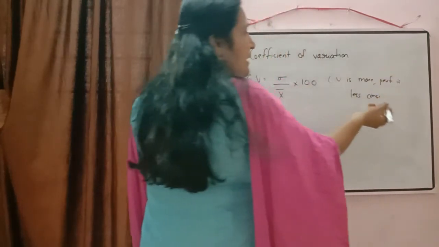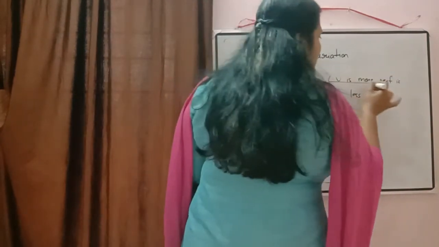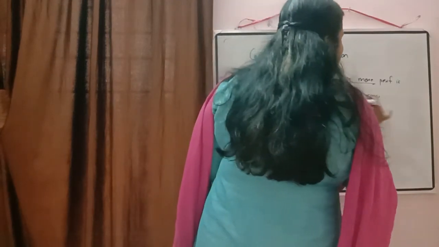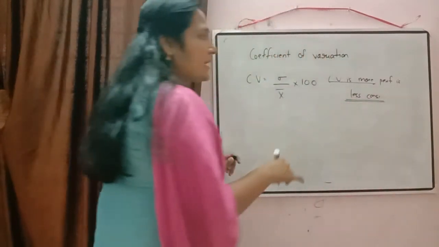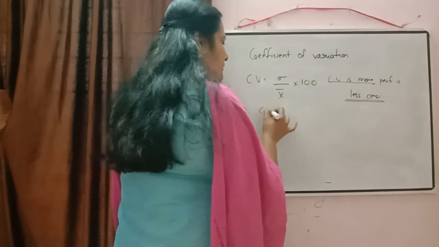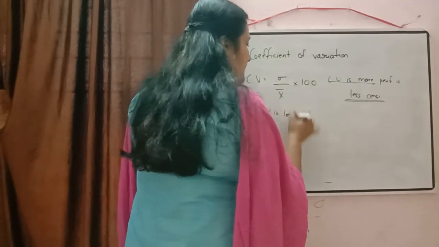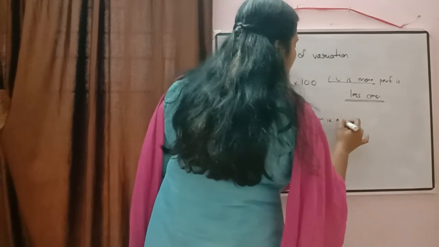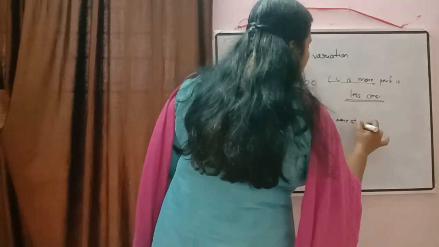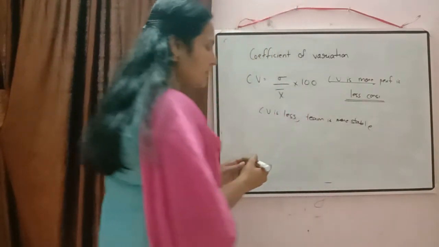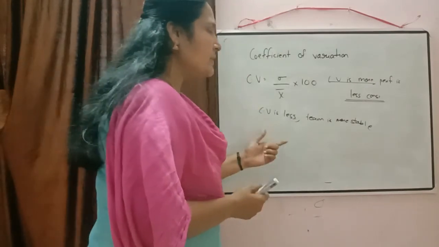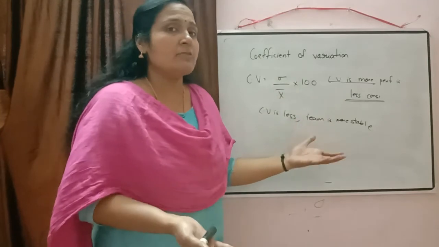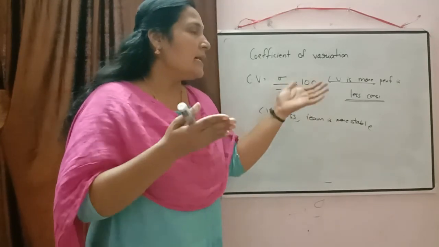Performance varies. So if the coefficient of variation is more, the team's performance is less stable or less consistent. If the coefficient of variation is less, then we can say the team is more stable. So we can calculate the coefficient of variation, and based on that we can say which team's performance is more stable.